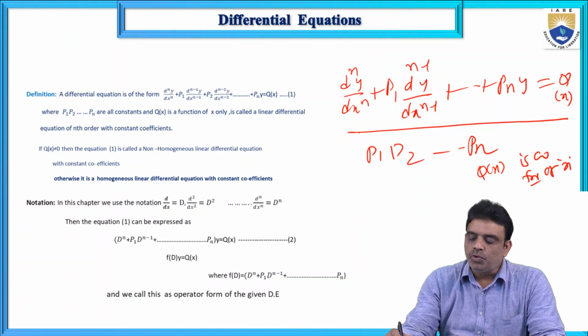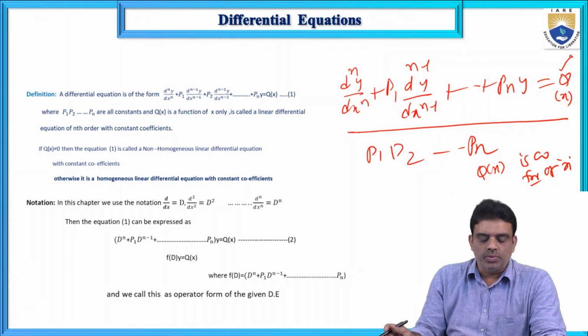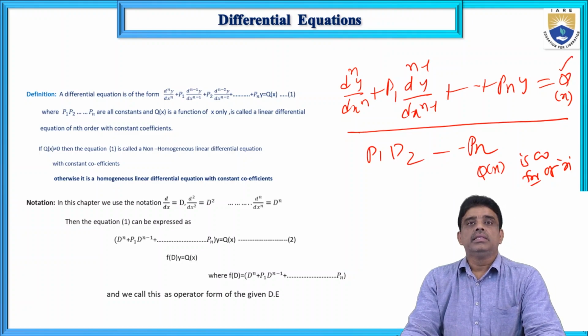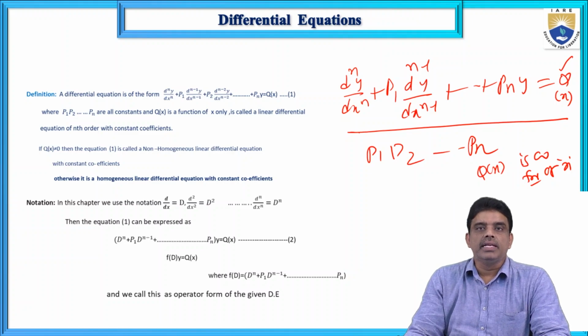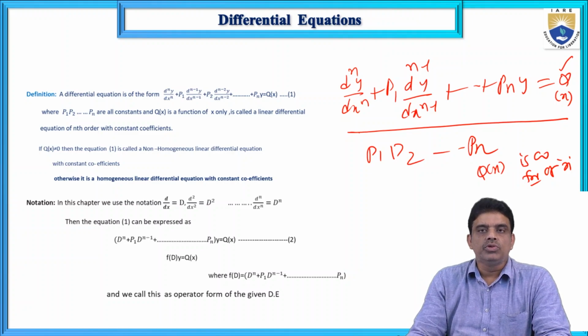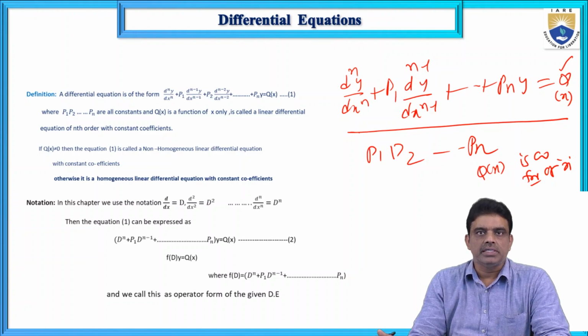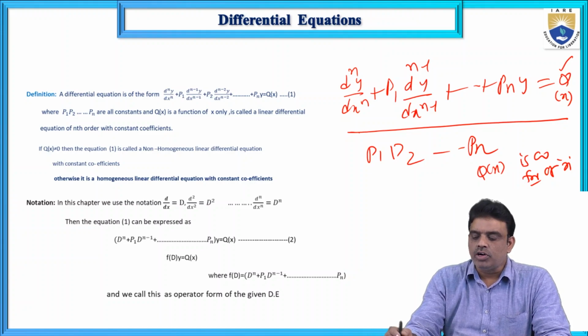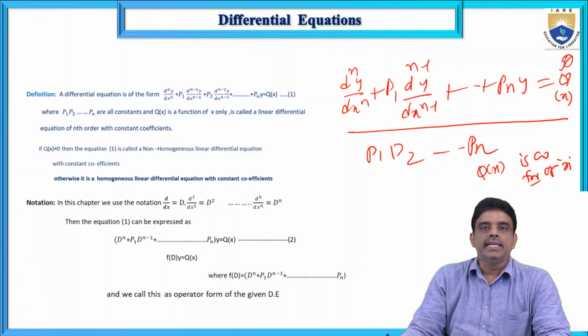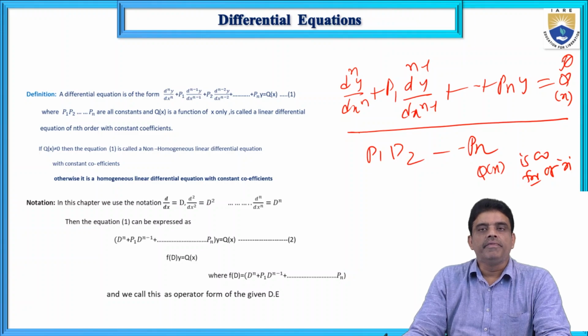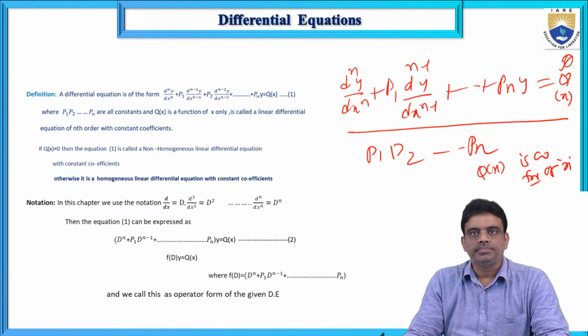In this, suppose if q of x is not equal to 0, then the given equation 1 is said to be a non-homogeneous linear differential equation with constant coefficients. Suppose if it is equal to 0 on the right hand side, then it is called a homogeneous linear differential equation with constant coefficients.